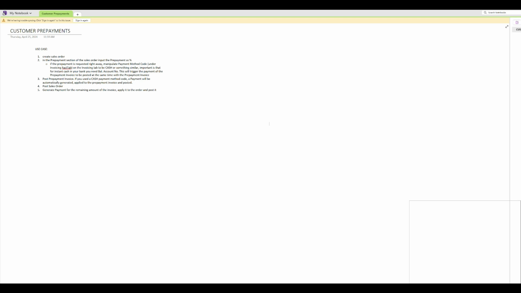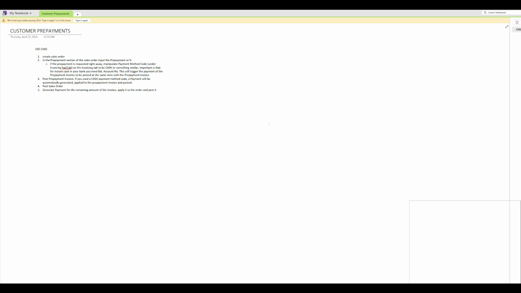The way we translate that deposit into a concept in ERP and in Business Central is via a prepayment. So we generate a prepayment invoice, and we're expecting the customer to pay that prepayment before we actually ship the product or we start working on the job.